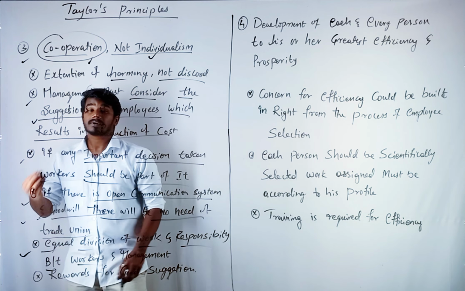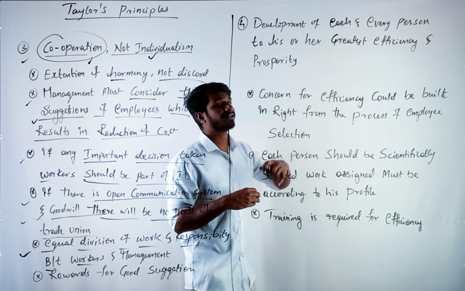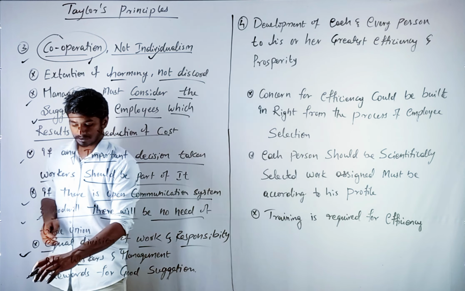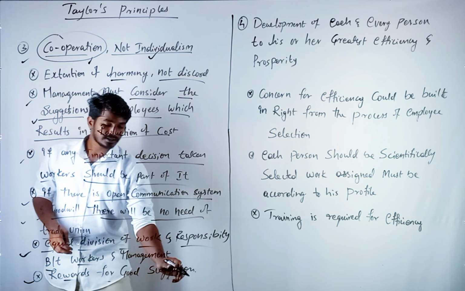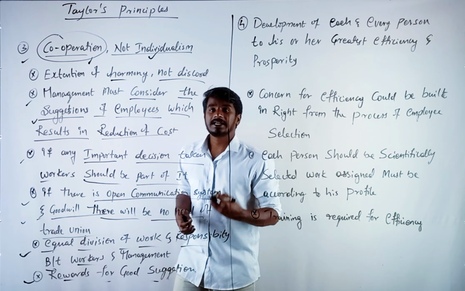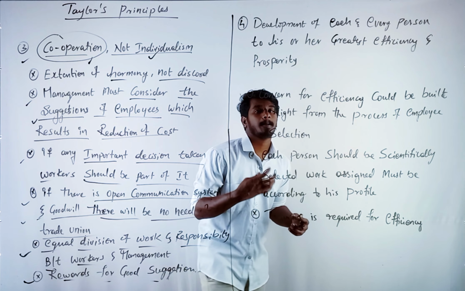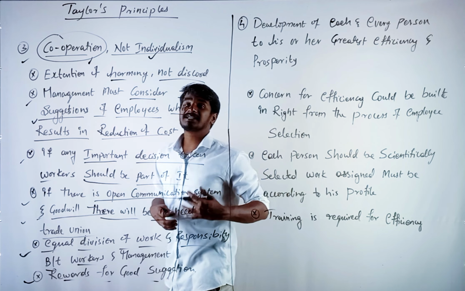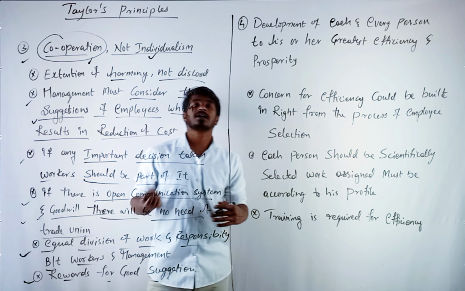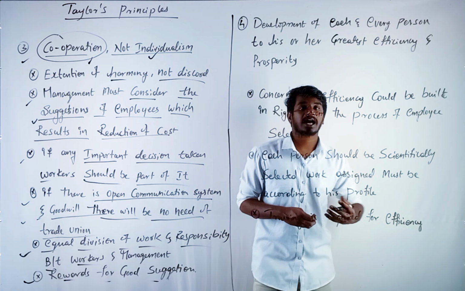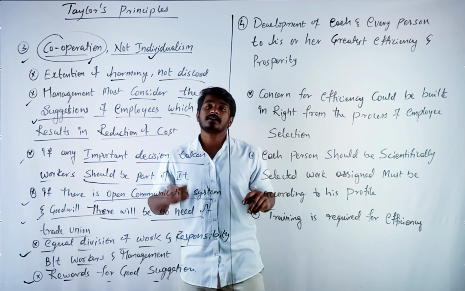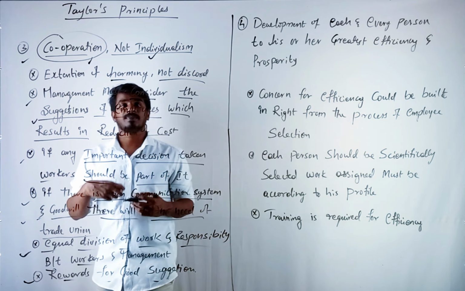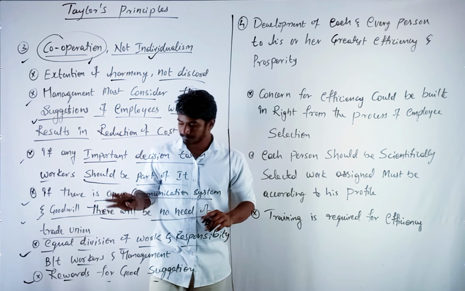They should have equal work and equal responsibility to achieve the organizational objective, and rewards for good suggestion. If any employee suggests a good method or any strategy, then he must be rewarded for that. Then only he can be motivated and other employees will also start suggesting. That will be beneficial to the organization, right?